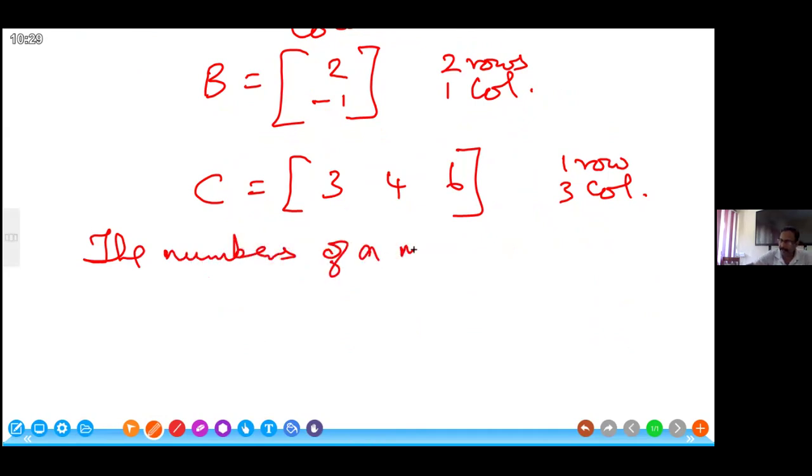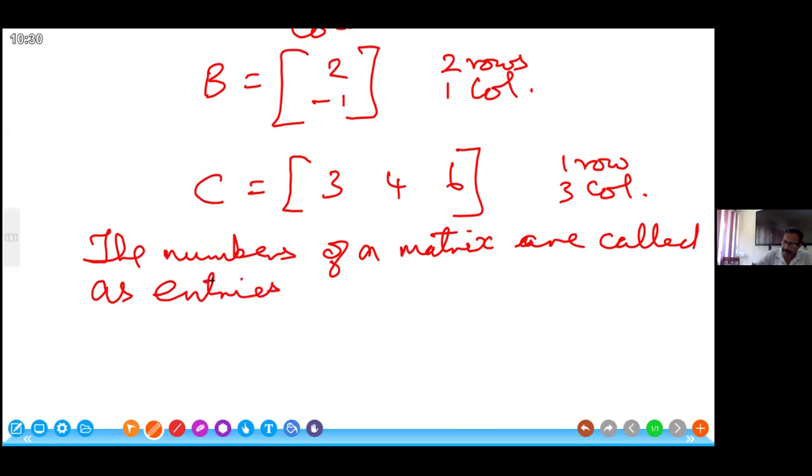The numbers of a matrix are called entries or elements. Entries or elements. So these numbers are elements or entries.